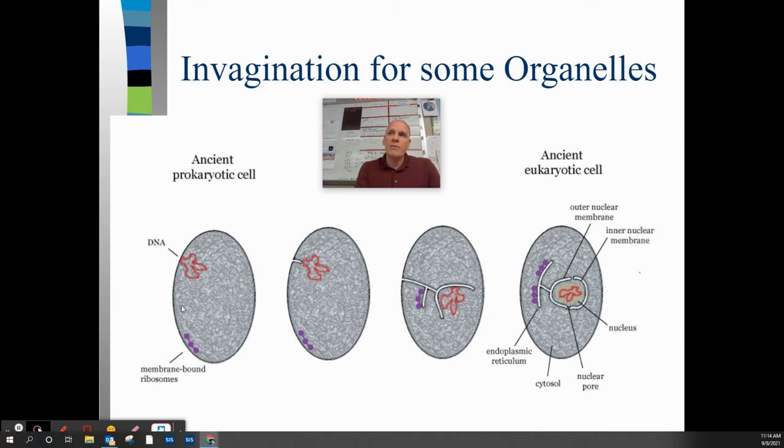Here we have some membrane-bound ribosomes, and those ribosomes during that invagination will eventually become part of the endoplasmic reticulum. So that's two processes: endosymbiotic hypothesis, which we have lots of evidence for, and invagination for some of the other organelles, such as the nucleus, the endoplasmic reticulum, the Golgi apparatus, and so on.